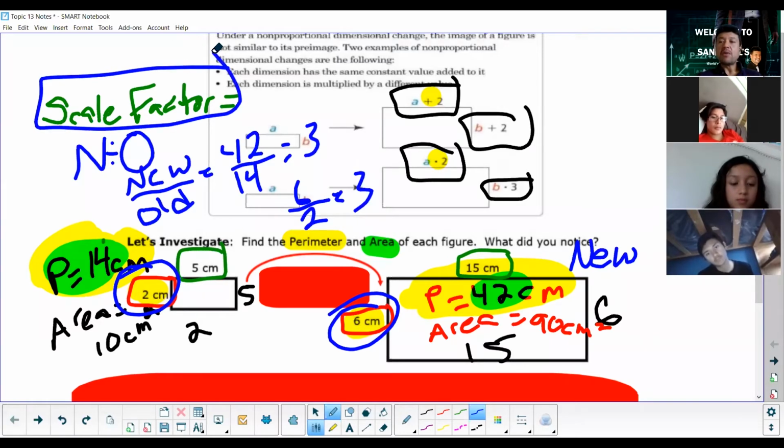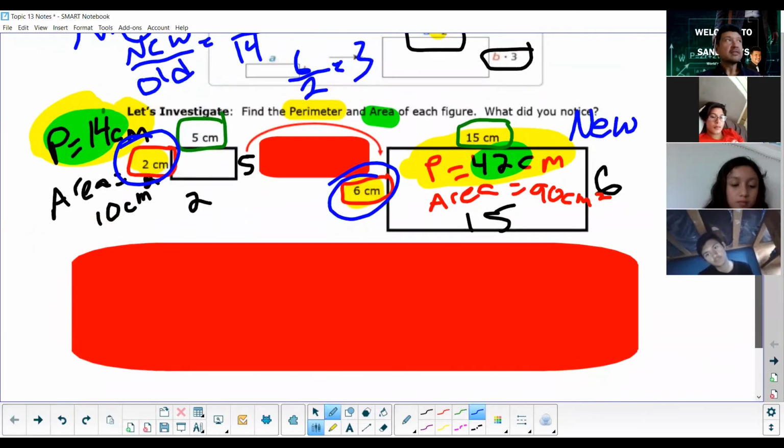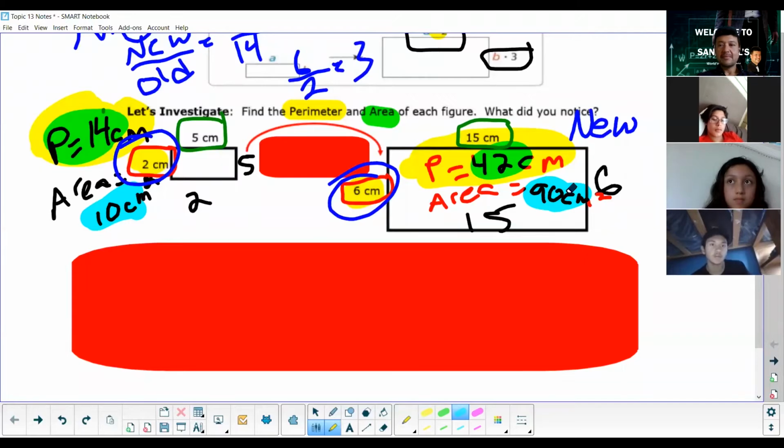So what I want you to do next is this, okay? Now I want us to explore area though. Now, Marcus, tell me, is there a relationship that you could discover between the 10 and the 90? 10 times 9 equals 90.